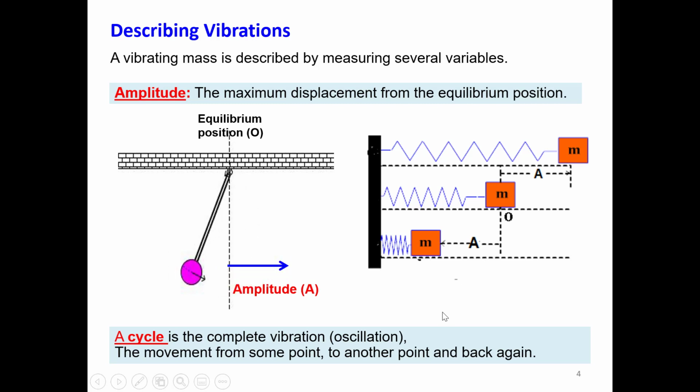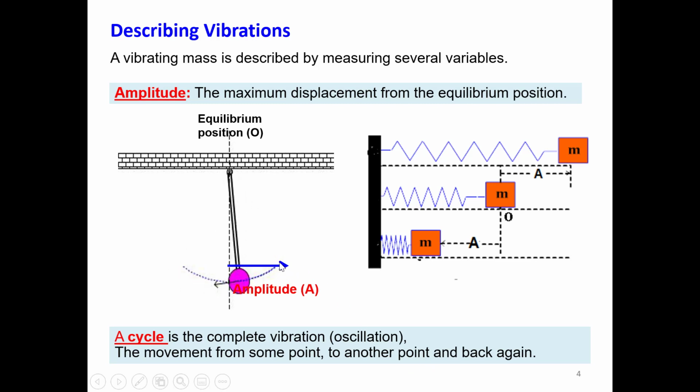Another variable we need to know if we want to describe any vibration is the cycle. What is the cycle? It is a complete vibration. It is when the system moves from one point to another point and back again.